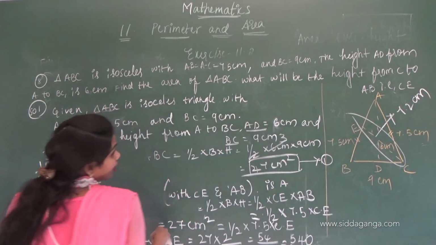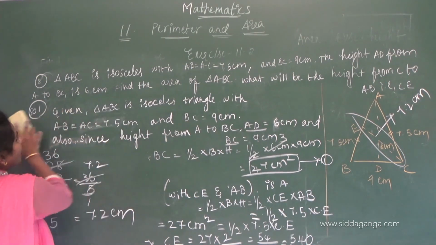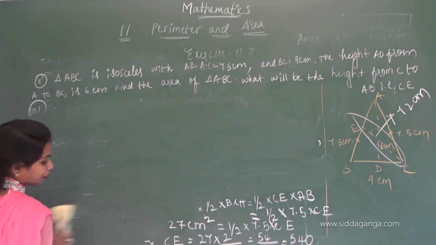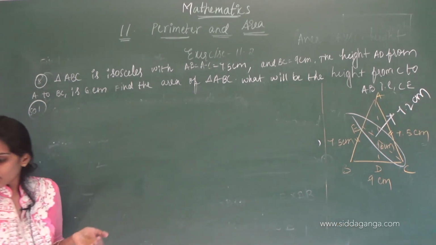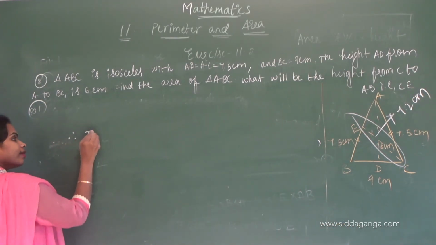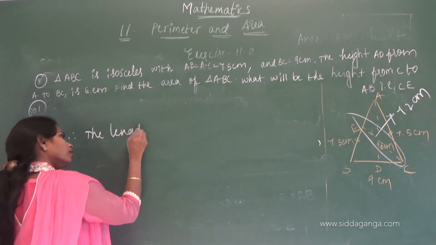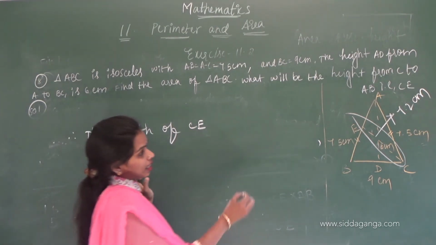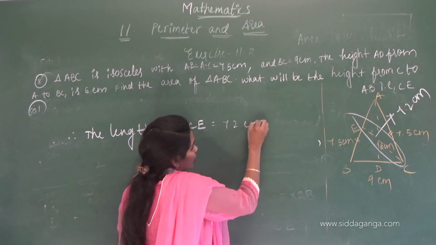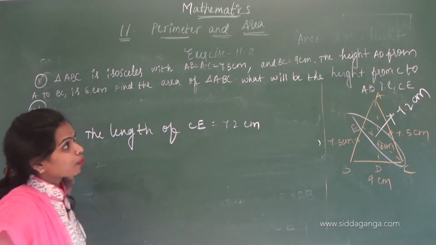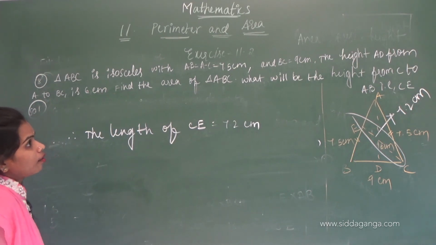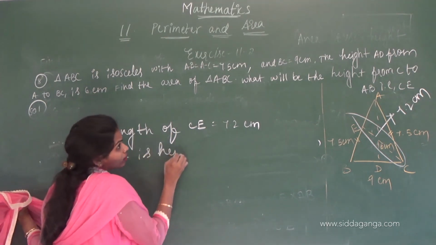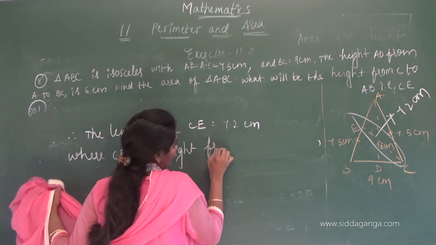Therefore, at last, as the conclusion you have to write: therefore the length of CE equals to 7.2 centimeters, where CE is the height from which line?